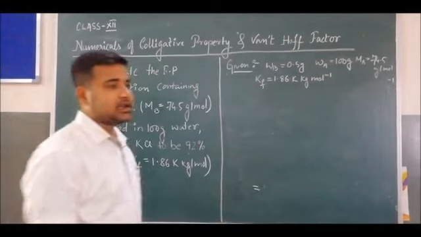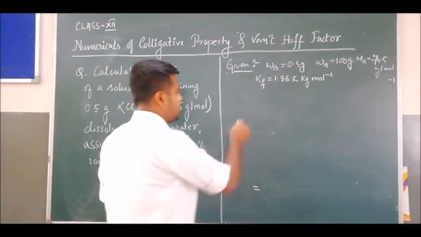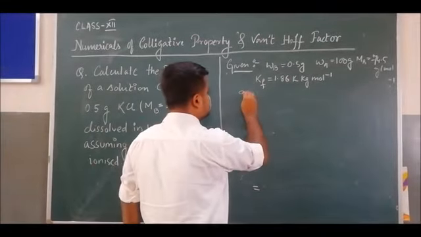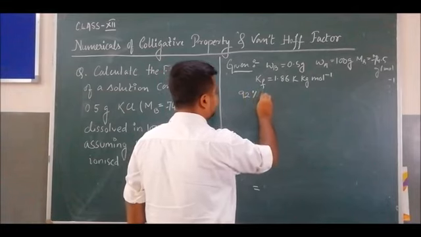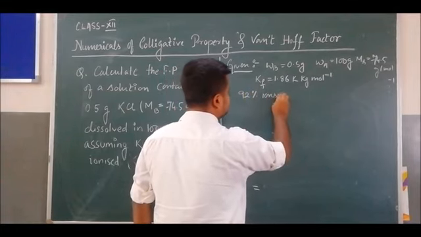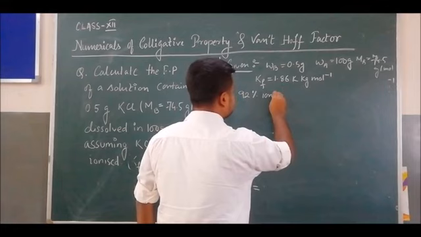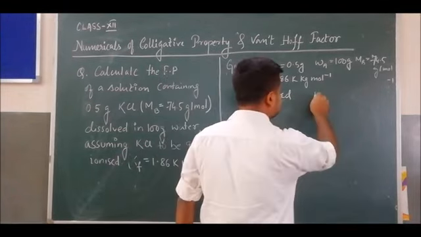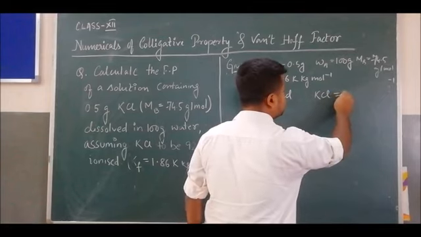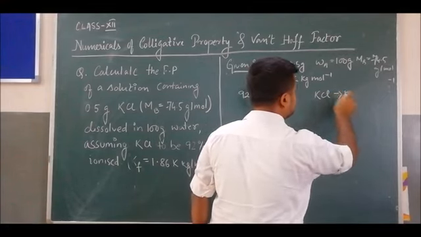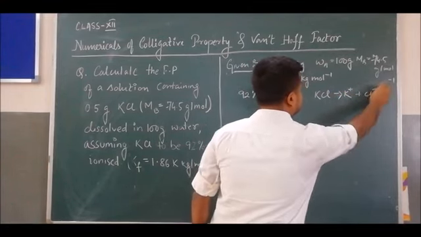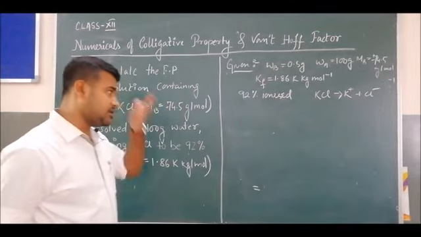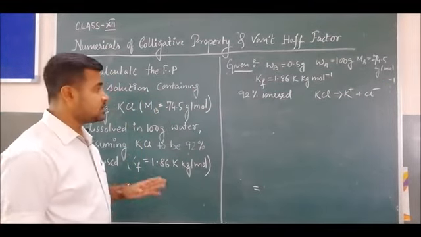Another thing given is that it is 92% ionized. It means that KCl is dissociating into K plus and Cl minus.